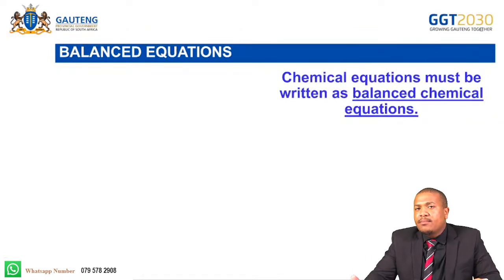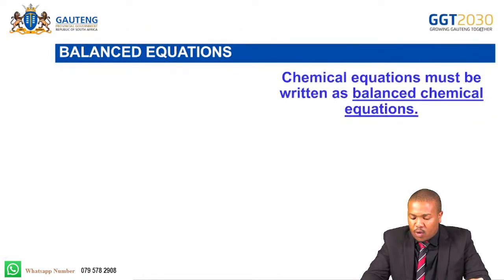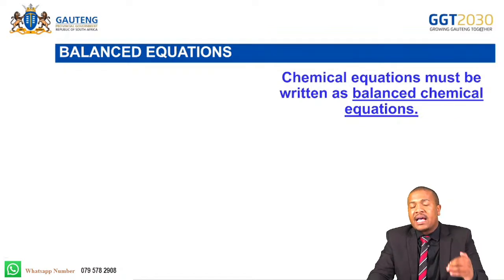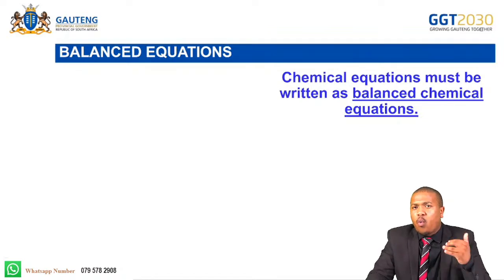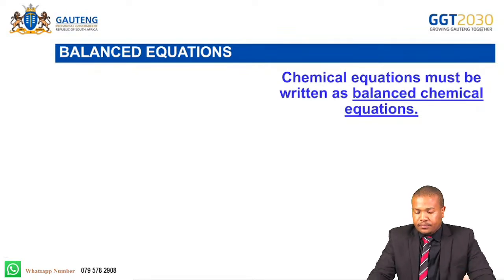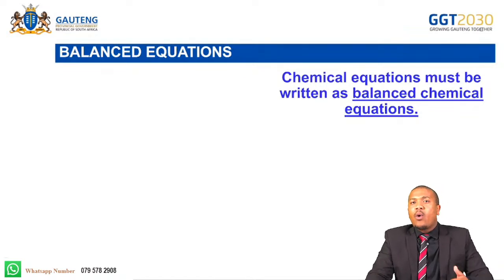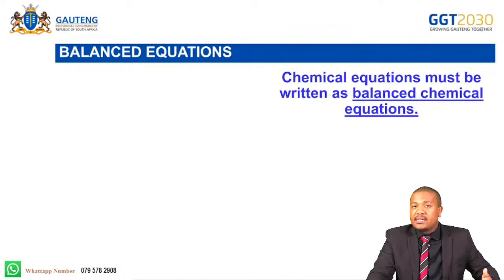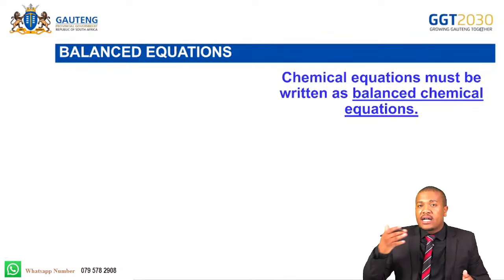Firstly, what do we mean when we talk about a balanced equation? Chemical equations must be written as balanced equations. Why? Because they need to follow the law of conservation of mass, which states that what you have on the reactant side must be the same, in terms of number and type of atoms, as on the product side.